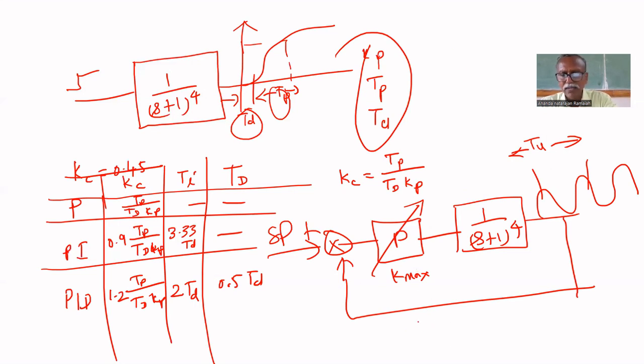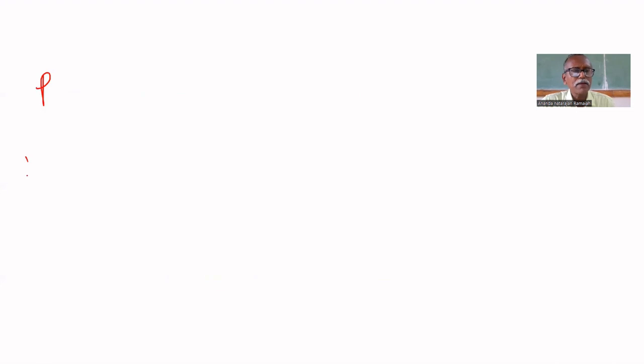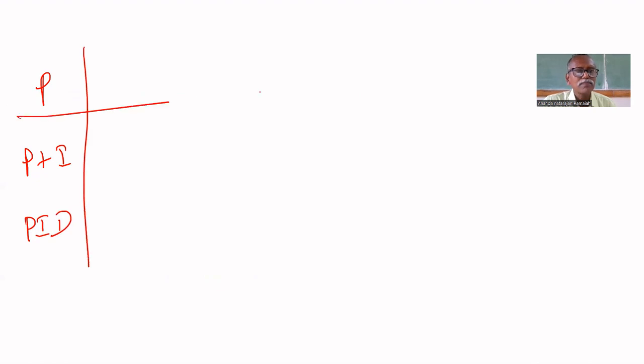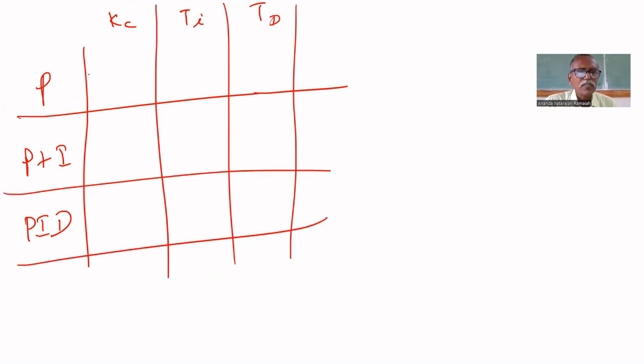With them you can find the tuning parameters for P, P plus I, and P plus I plus D. KC, TI, TD, you have to find. For P only, KC is 0.5 times K max.